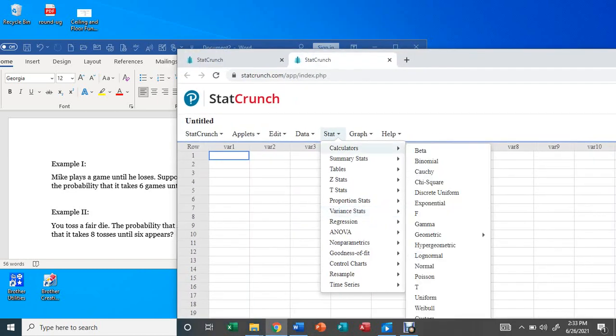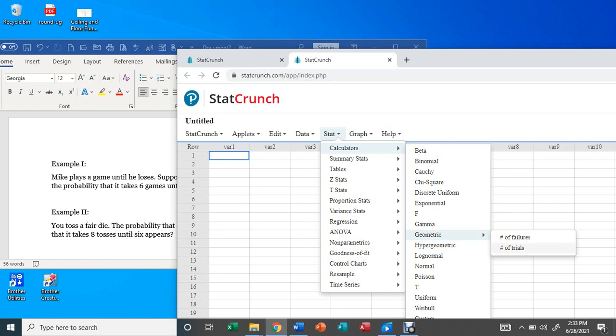So we go to Calculators, Geometric distribution, and in StatCrunch you have 2 options: the number of failures and the number of trials.